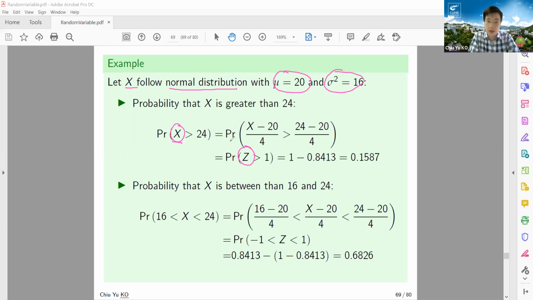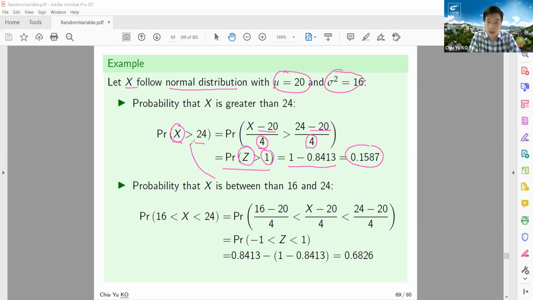Then we'll break. So if x is bigger than 24, you can subtract 20 from both sides and divide both sides by 4, and this gives you 1. To calculate this, you use 1 minus, and that gives you this answer.